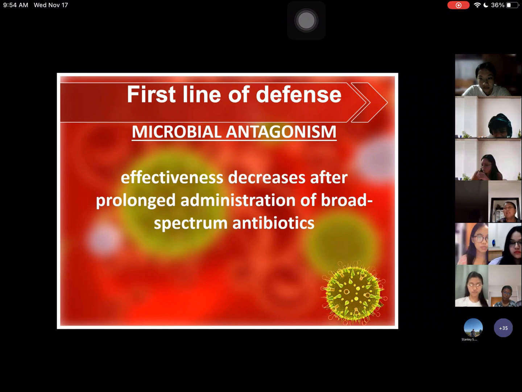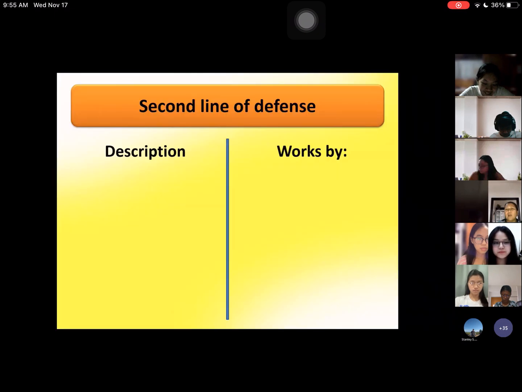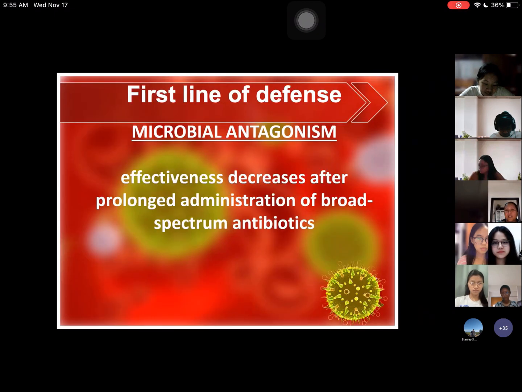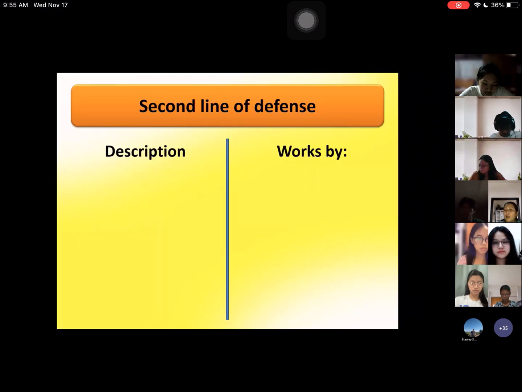But the moment microorganisms can resist those medications or antibiotics, you can have superbugs, okay, antibiotic-resistant infections. That is for microbial antagonism, okay. I think it's already 1:32.